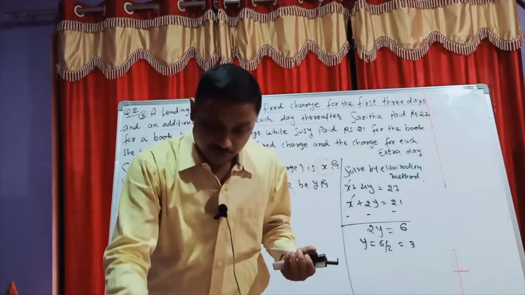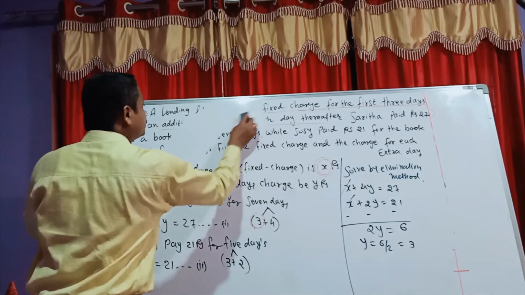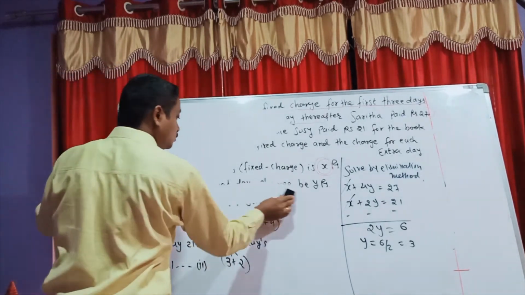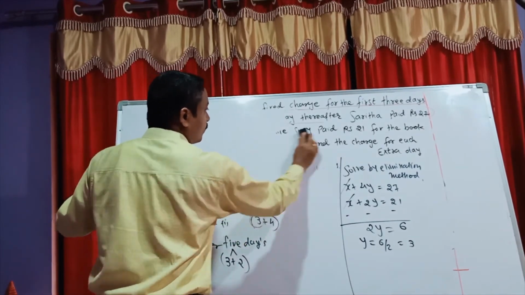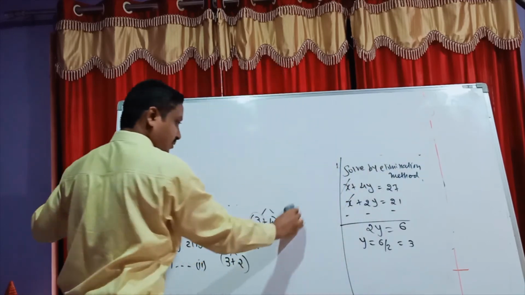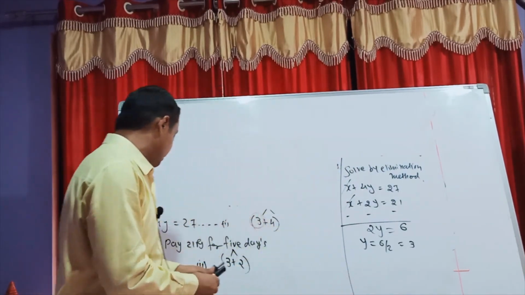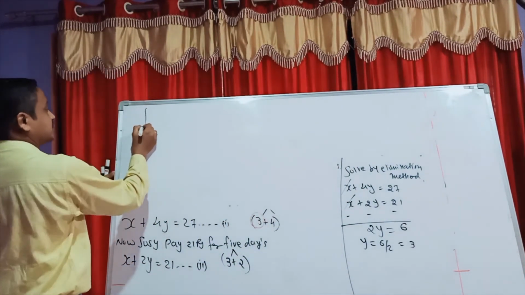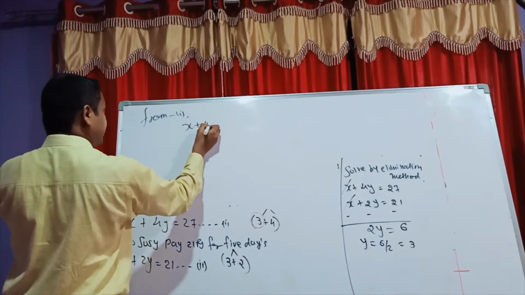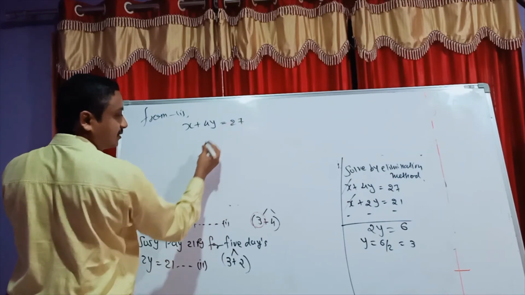Now finally, the y value is here. Now I go to equation number 1. My first equation is ready, and this y value, 3, I put in either the first or second. I go to the first one. From 1, x plus 4y is 27.